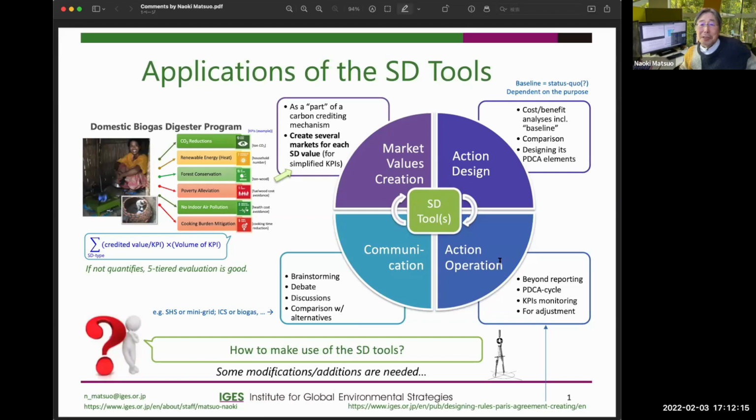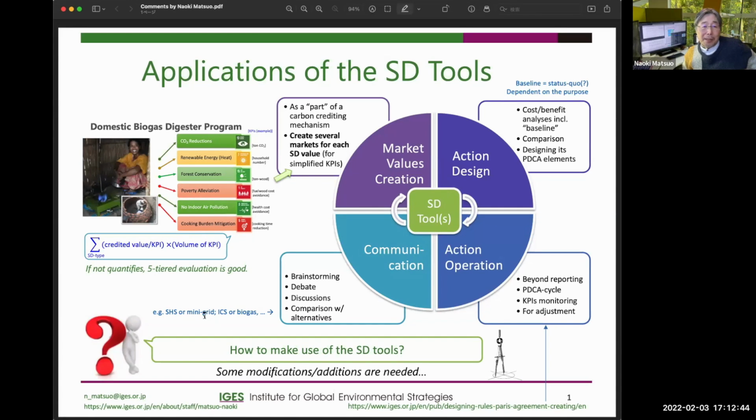For that purpose, the SD tools can be used. And also for communication within the stakeholders, that's very important as well. Brainstorming, debate, and discussion, those kinds of things. For that purpose, SD tools are a good tool to consider, especially considering the comparison between alternatives.